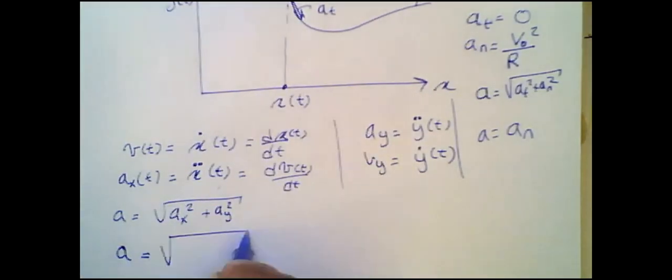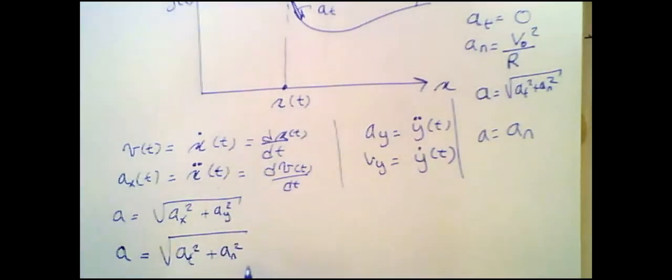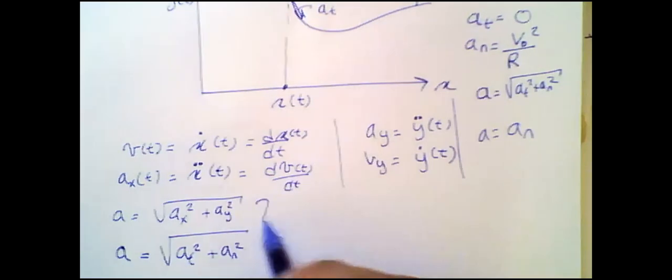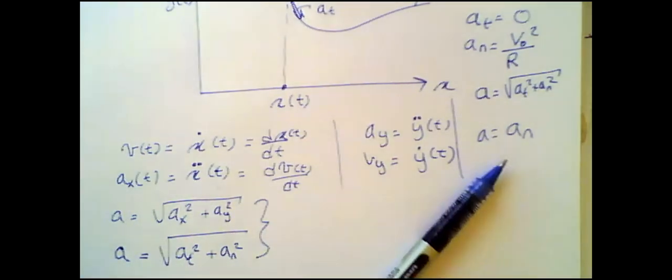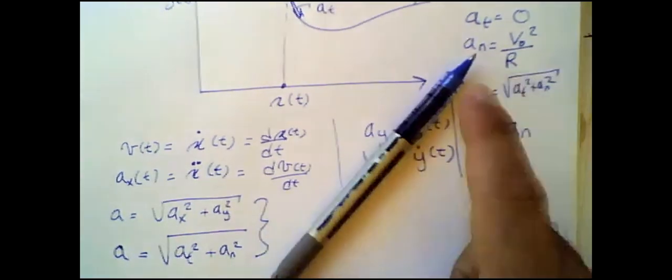So ultimately, you can also get the acceleration to be the square root of at squared plus an squared, right? So those two vectors actually have to be equal, right? So no matter in which frame you express a vector, whether you have ax, ay, or at and an, a vector is a vector in space. So if I have a vector, that vector will have its own magnitude.